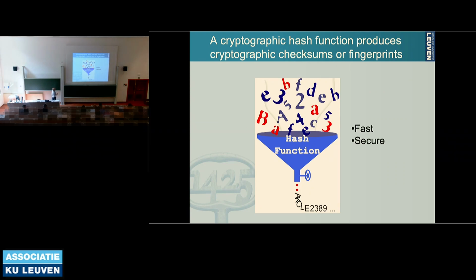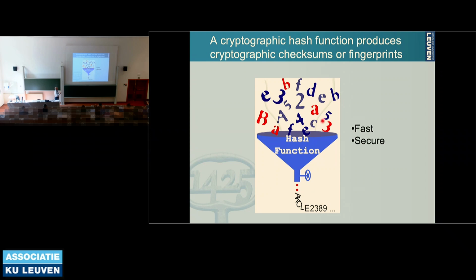So a hash function is sometimes also called irreversible compression. So you have a large input that you compress together into a string of 128 bits, 256 bits, very short, where you hope that you can make this somehow unique. In theory, it cannot be unique.